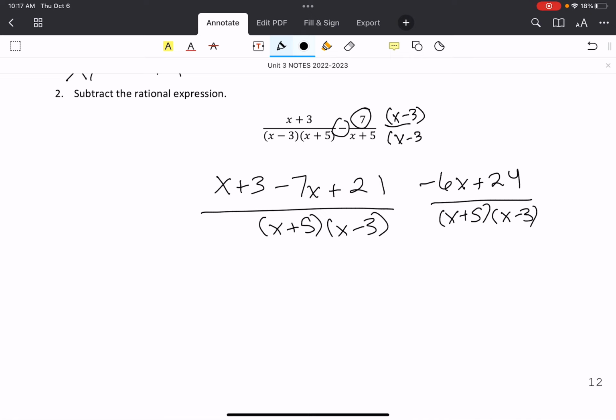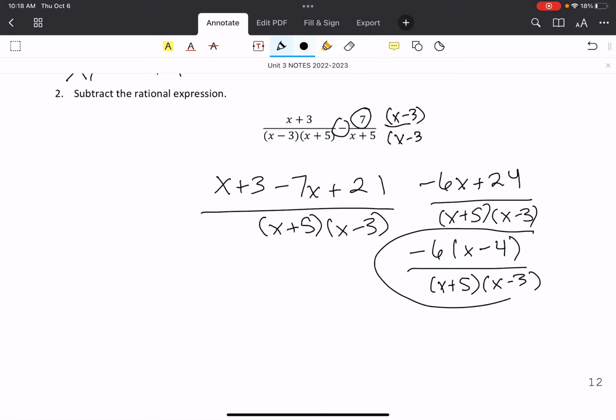Which is? Negative 6. Is there a GCF? Can anything cancel out? No. So this is the end of the subtraction.